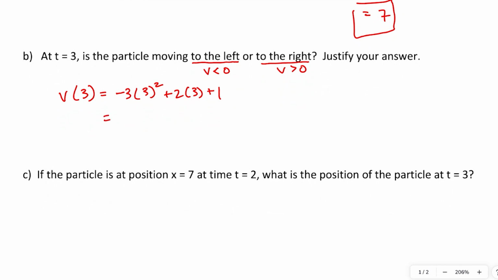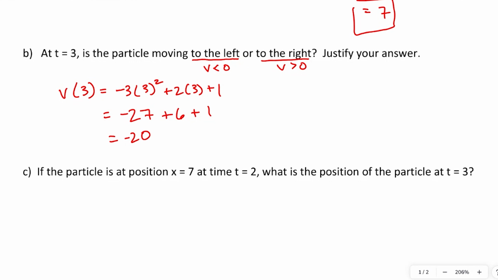So this will be negative 3 times 9, negative 27, plus 6 plus 1, so negative 20. And it's probably meters per second or something like that, but I'm not going to throw on units. But the fact that the velocity is negative tells us which direction the object is moving. So which direction is the object moving? To the left.